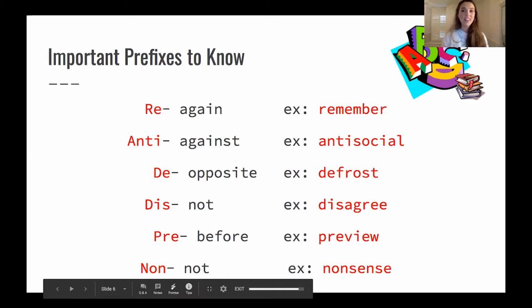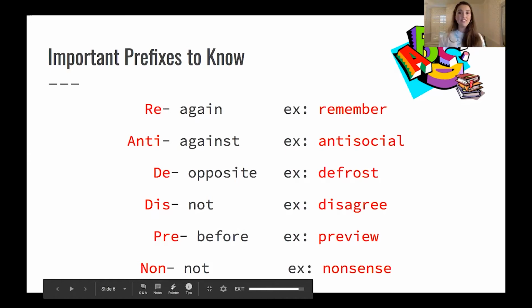Nonsense. So let's look at all of these prefixes together again and their definitions. Re, again. Anti, against. De, opposite. Dis, not. Pre, before. And non, not.